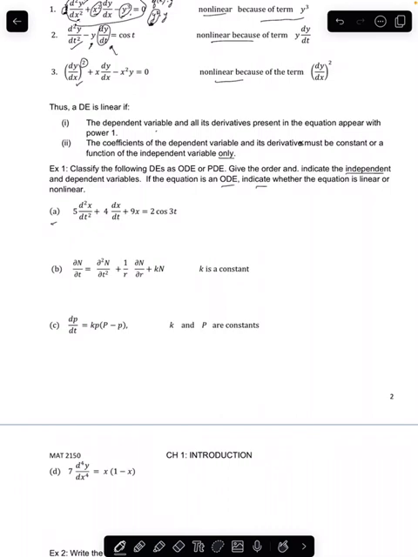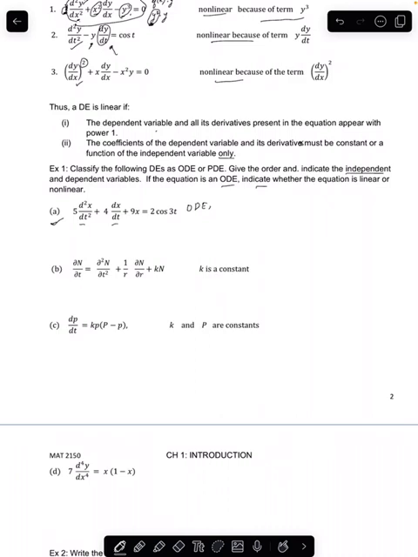Okay, so looking at the first, the example A here, we will first find out what is happening here. What type of derivatives are we taking? We are taking the ordinary derivative, so it is an ODE. Okay. The next thing we have to look for is the dependent and the independent variable.